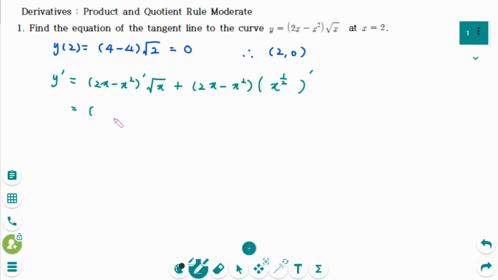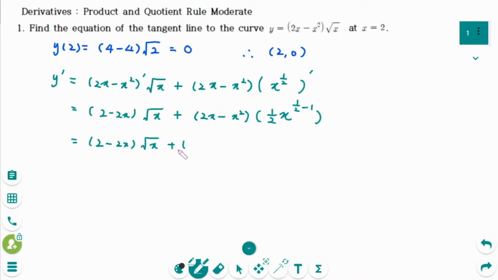Then the derivative of 2x minus x squared is 2 minus 2x, times the square root of x, plus 2x minus x squared times 1 over 2 x to the power of 1 over 2 minus 1. Use the power rule. 2 minus 2x times the square root of x plus 2x minus x squared times 1 over 2 x to the power of minus 1 over 2 is square root of x.